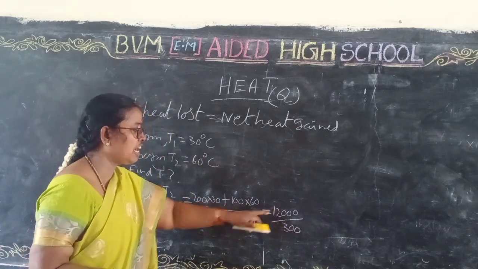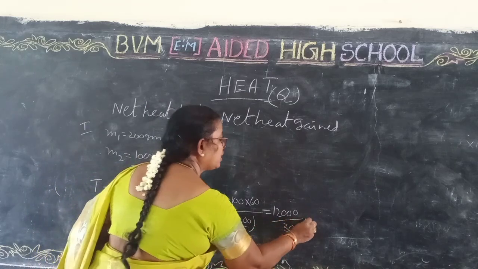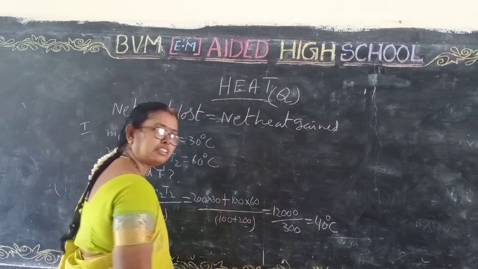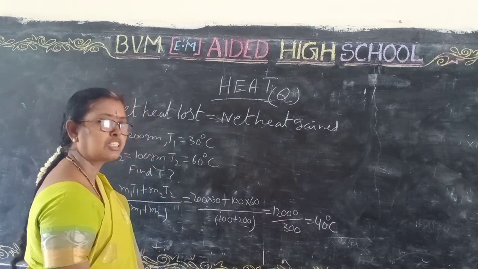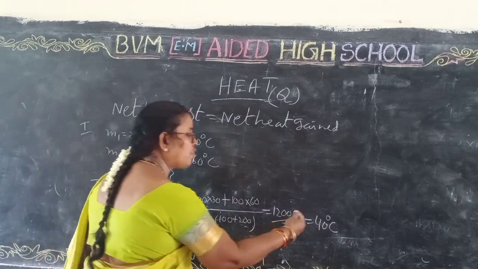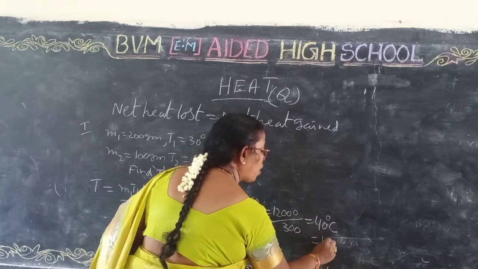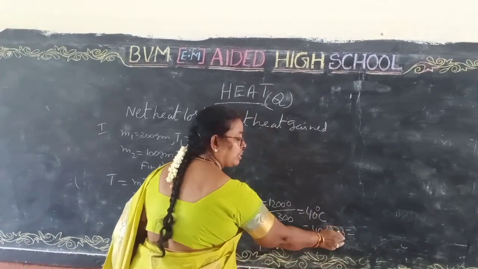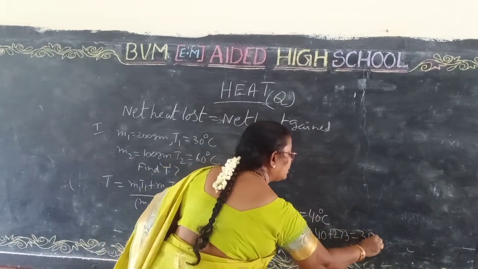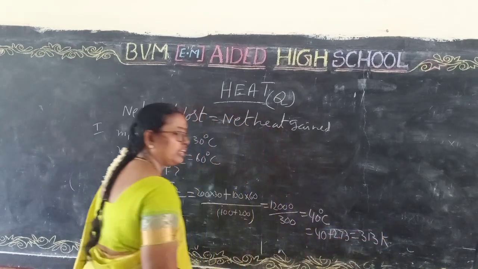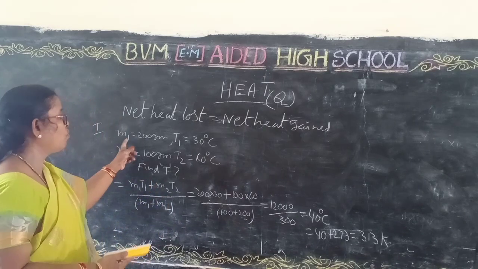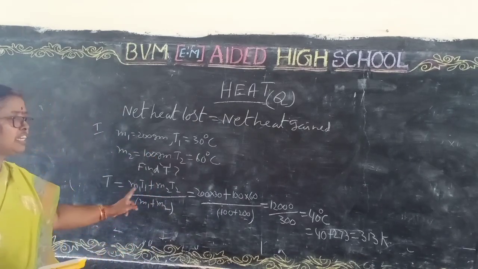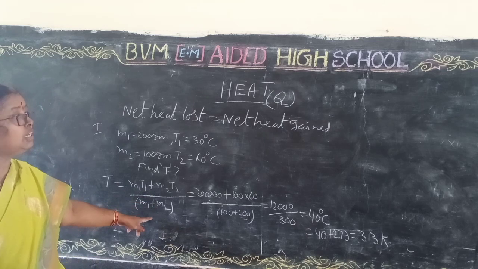So if you cancel 300, what we get? 40 degrees centigrade. If you want to convert into Kelvin, add 273 plus 40, that is 313 Kelvin. So when the masses are different, you should use this formula to find the resultant temperature.